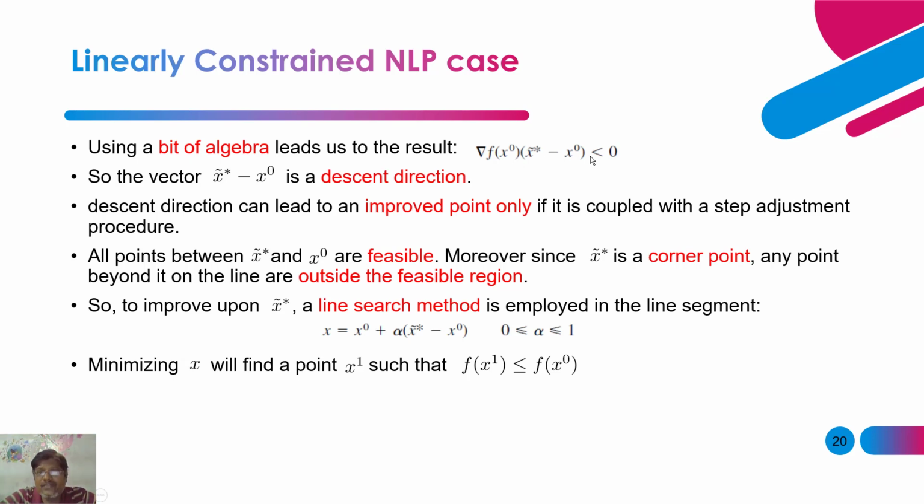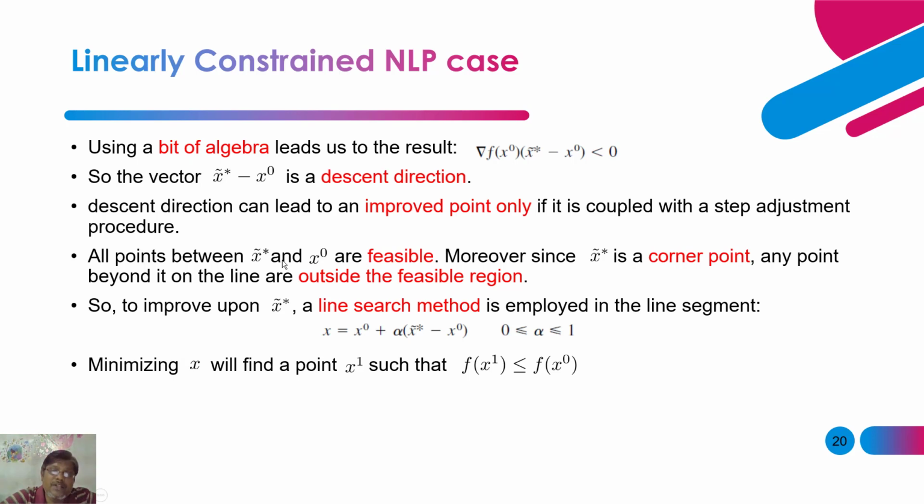The vector will give you a descent direction, and del f of x naught is your gradient. So your descent direction can lead to an improved point only. No need to worry about it, because the feasibility we know, the solution is in the feasible region. So definitely take it to the improved point if it is coupled with the step adjustment procedures.